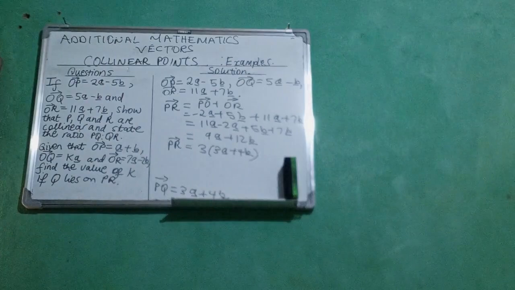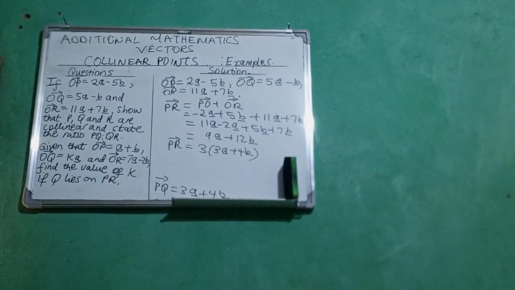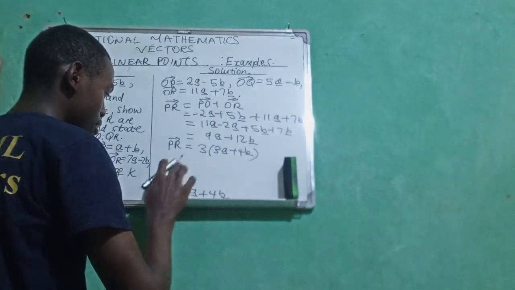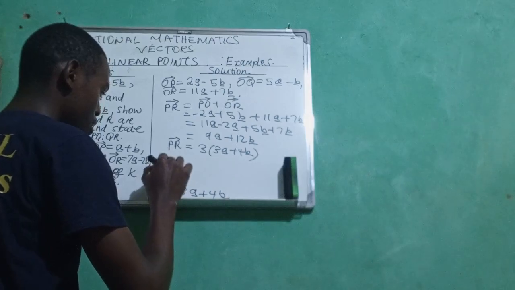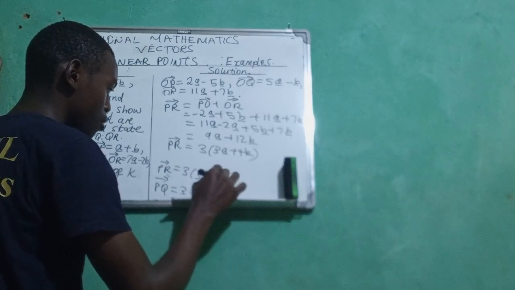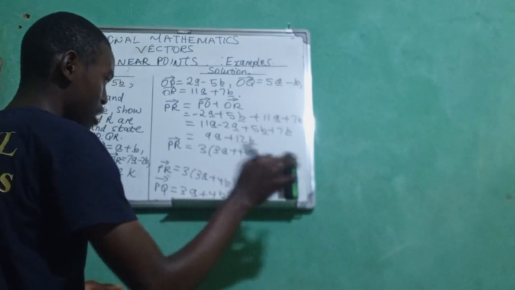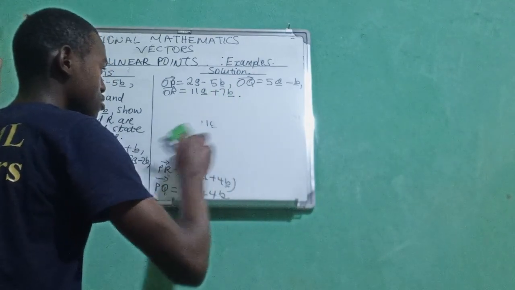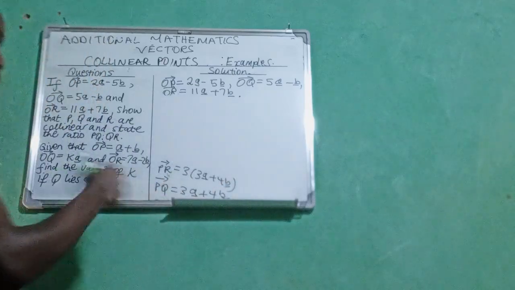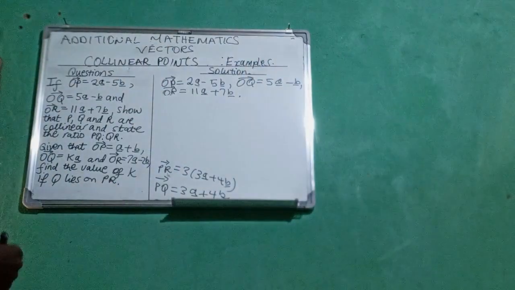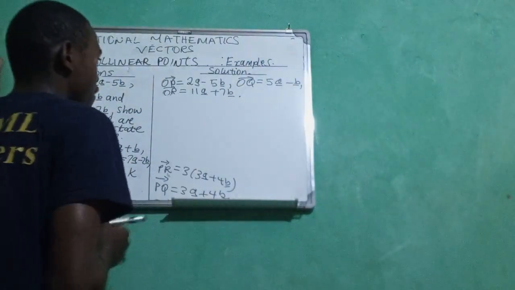We have our PQ, we have our PR. So let's write our PR here. PR is equal to 3 of 3 vector A plus 4 of vector B. So we have found PQ and PR, then the last one that we can come up with is QR.